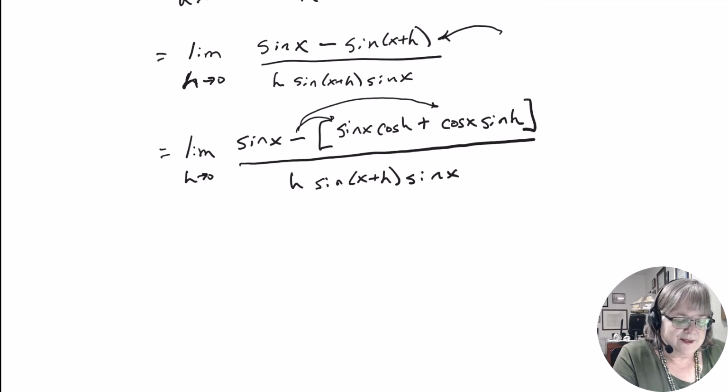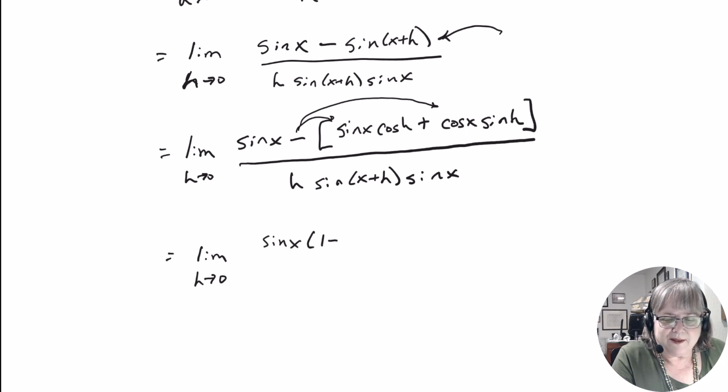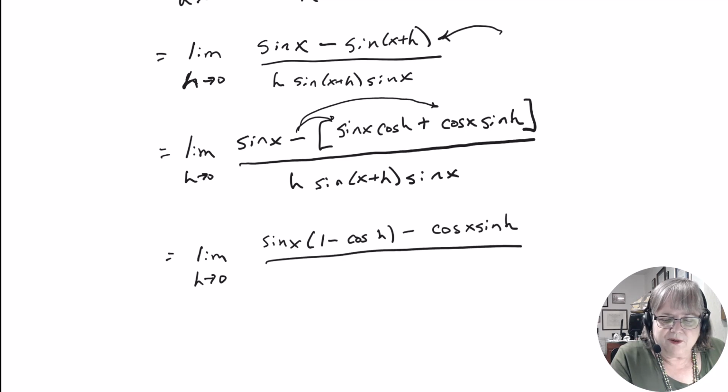So when I do this judicious rearranging, it's going to be the limit as h goes to 0 of sine x times 1 minus cosine h, which is these first two terms, minus cosine x sine h over all of this.